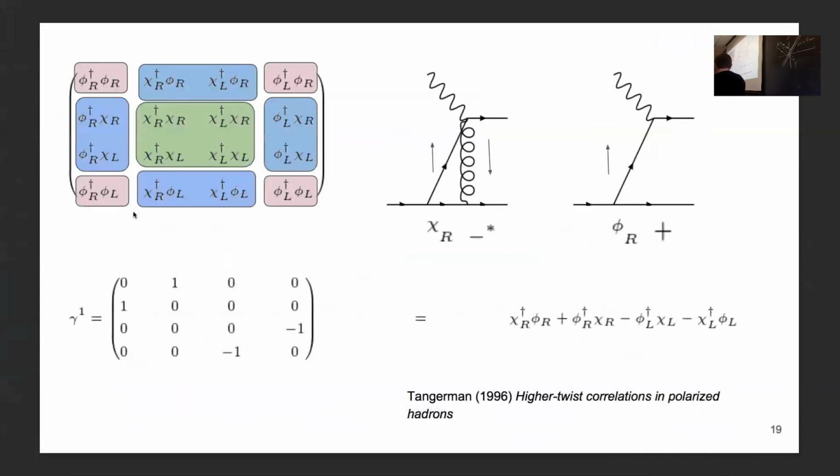So a quick picture of what this looks like, or how you would do the calculation, at least in terms of the amplitudes, is let's say you want to look at the operator gamma 1. Well, you can write this out, and you can expand your good and bad components psi in terms of a basis here, and you can then see what you're looking at in terms of good and bad components here.